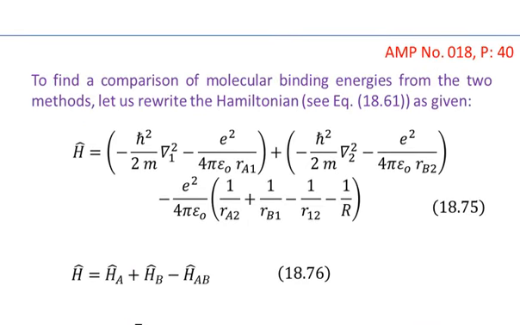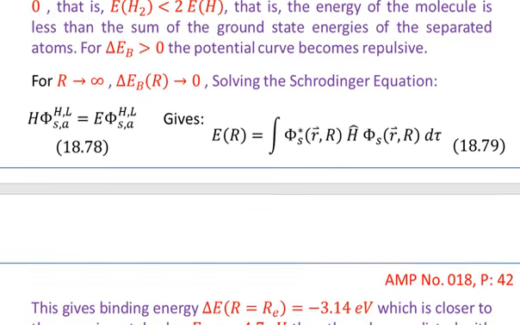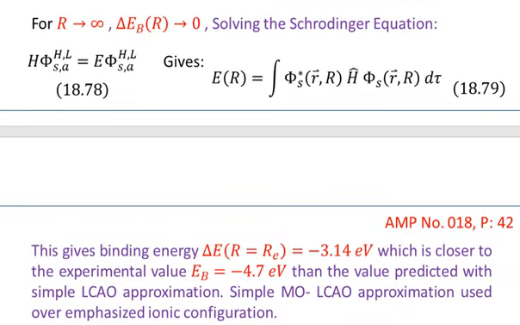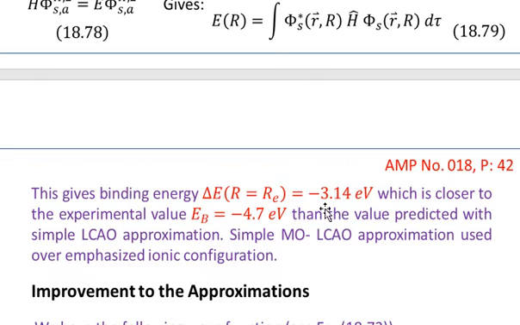Here we see that the energy due to the Heitler and London method, minus 3.14 electron volt, is quite close to the experimental value, which is minus 4.7 electron volt. And the difference between these two values is smaller than the difference due to the molecular orbital LCAO approximation.